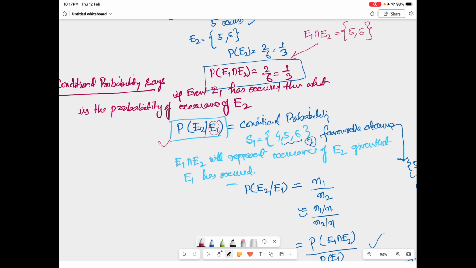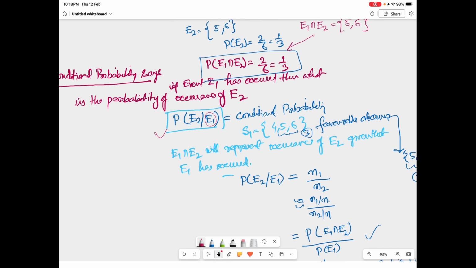E2 means number greater than or equal to 5, that is 5 or 6. So there are only two numbers, 5 and 6, which can occur in E2. So after E1 has occurred, the sample space becomes small: 4, 5 and 6. There are only 3 outcomes, out of which 2 can occur.